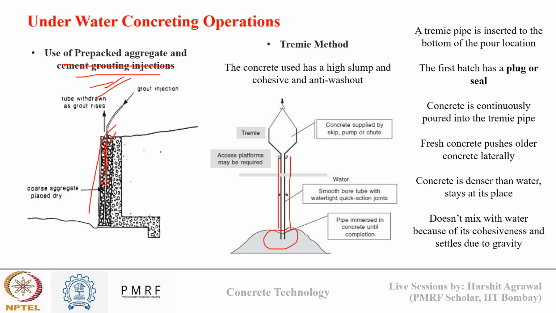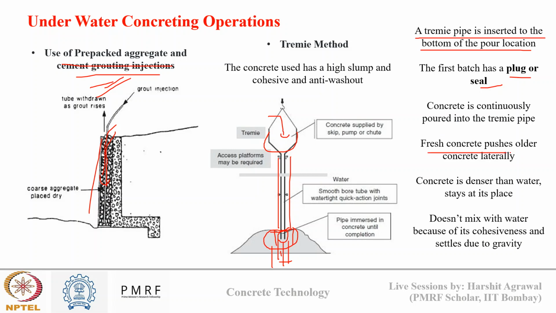I will insert my Tremie pipe till the bottom of my pour location. Now I will pour my first batch of concrete on the top, which has a plug and a seal. Inside that my concrete will flow and pour. And this end I will continuously keep submerged inside the previous concrete. I will pour fresh concrete from the top continuously.